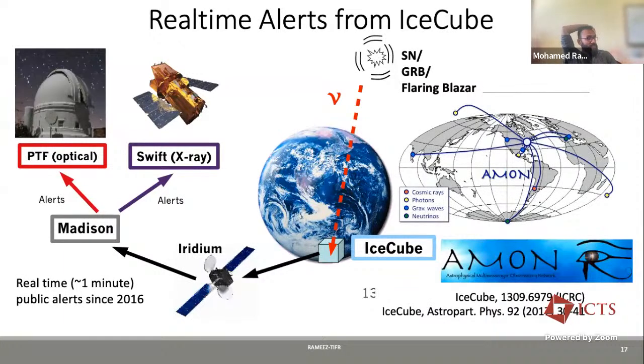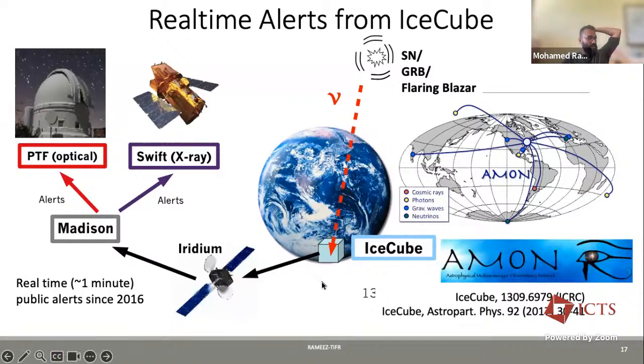And this has been enormously useful because unlike most other telescopes, IceCube is a 4-pi detector. If you take an optical telescope or many of the gamma ray telescopes, you'll notice that they can only see a small region of the sky, which you have to point the instrument at.